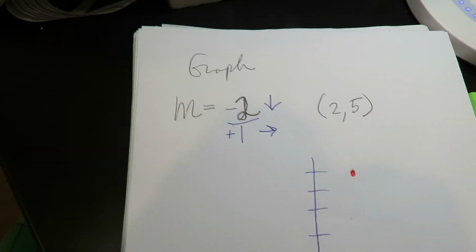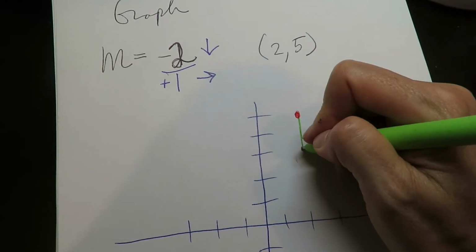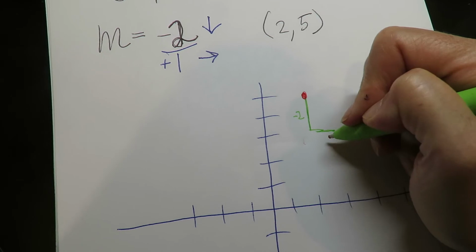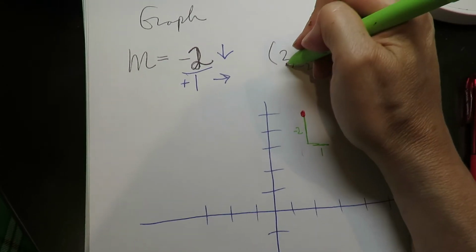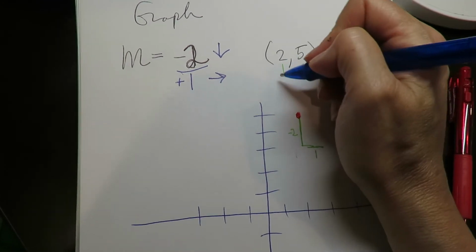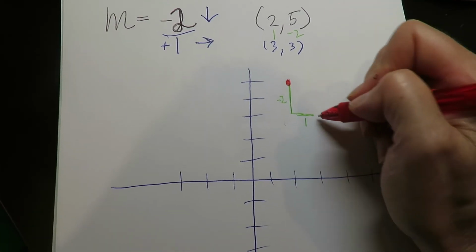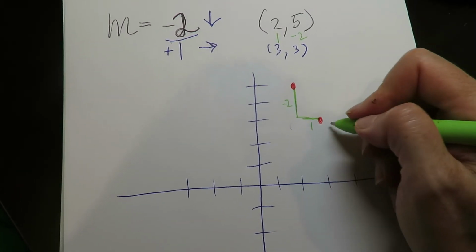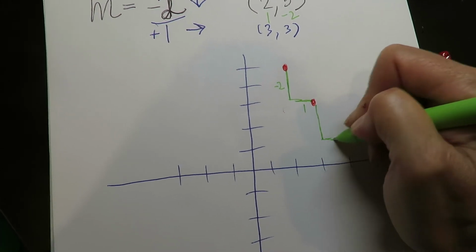So I'm going to go down 2 units and over 1. I'll do that again so you can see it. I'll go down 2 units, over 1.